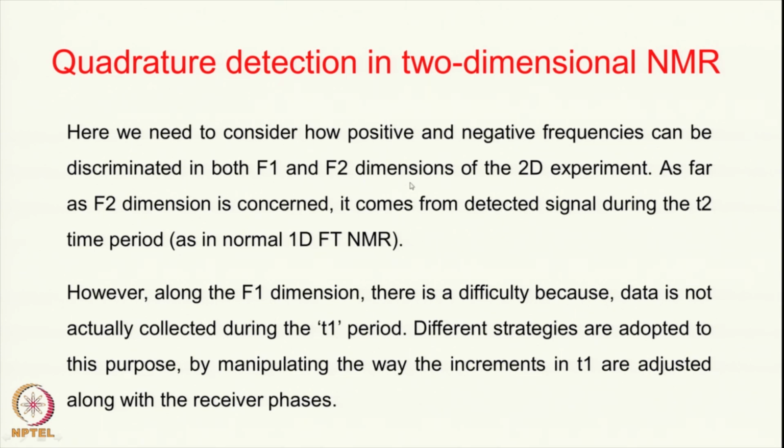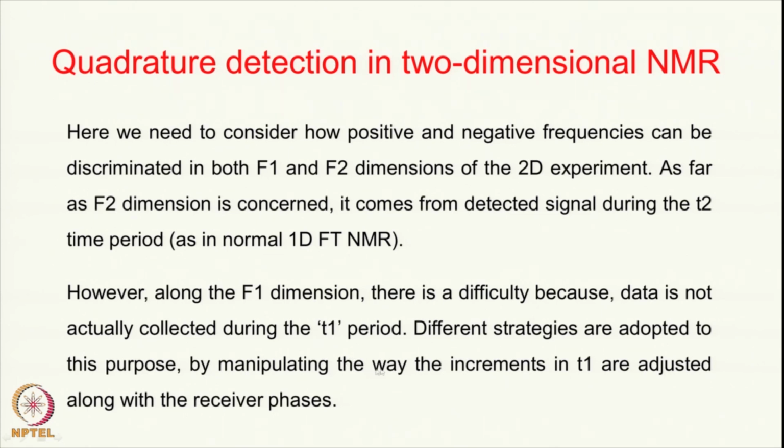Along the F2 axis there is no problem; we collect the data as before in normal 1 dimensional NMR, do Fourier transformation, collect the 2 components separately and add and subtract, as we saw in normal Fourier transform NMR, and we get the pure absorption signal and the discrimination of the positive and negative frequencies. So here we will have to use different strategies.